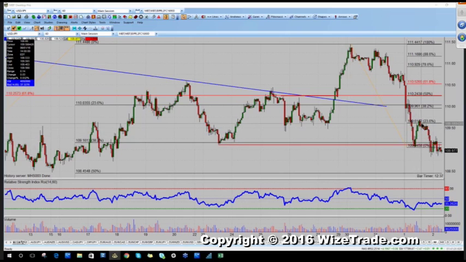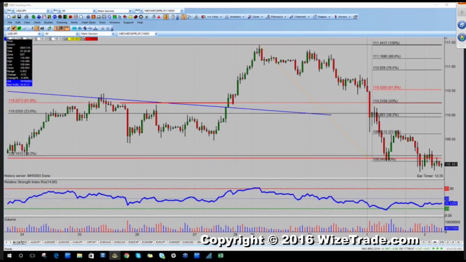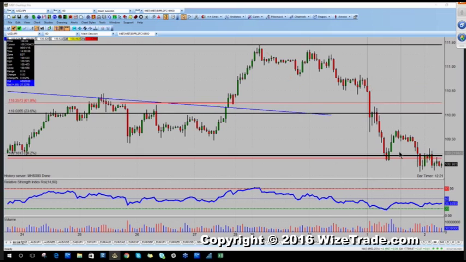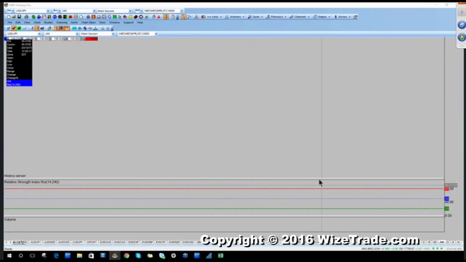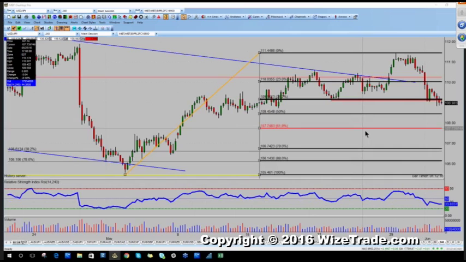But that didn't hold overnight. And the one thing about this dollar yen, let me get rid of this. Hold on really quick. Let me get rid of that too. We don't need that so much.